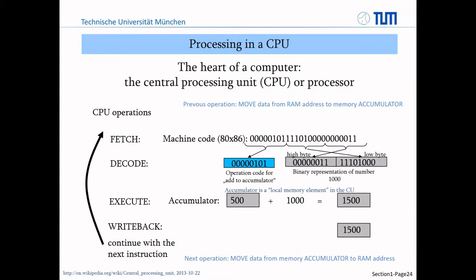Do you remember what you heard in the first lesson? Big endian, little endian, least significant bit, most significant bit. Here you have a special setup of that. So you have to know what and where the different bytes and bits are. And then what you do is you take this number and add it to the existing number in the accumulator. And then you have the result, and this result is sent back to the memory.